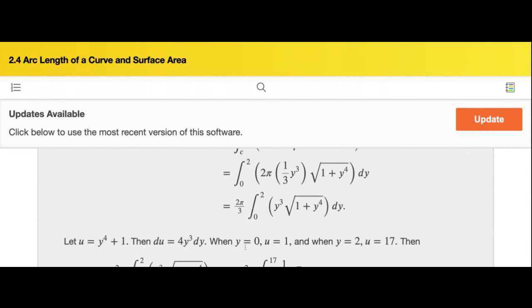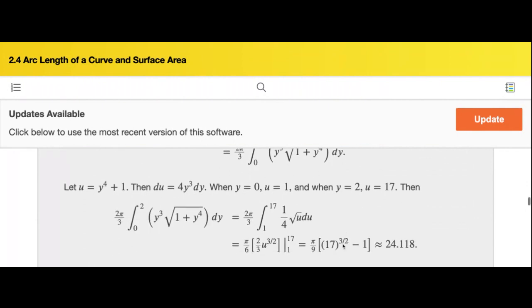Then we change the limits. So when the limit is 0, u equals 0 raised to the 4 plus 1, which is 1. When the upper limit is 2, u equals 2 raised to the 4, which is 16, plus 1, which is 17. Now we change the variables and the limits.